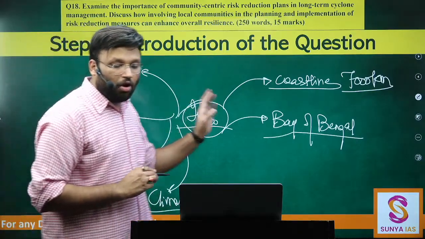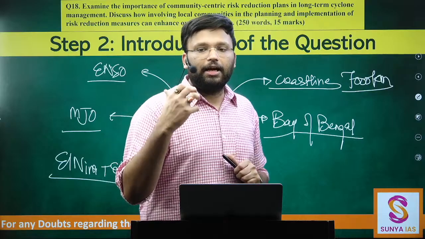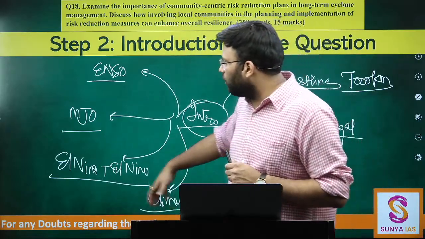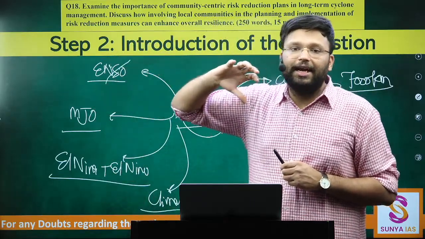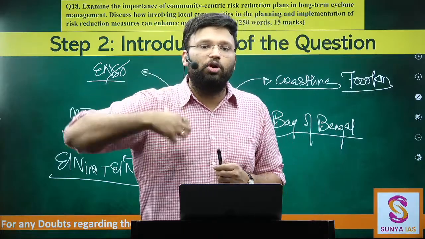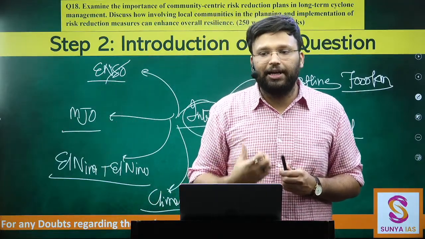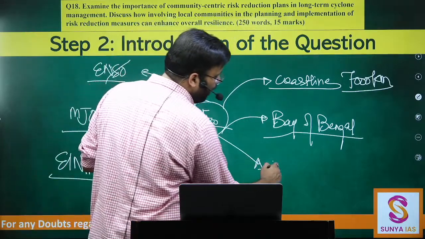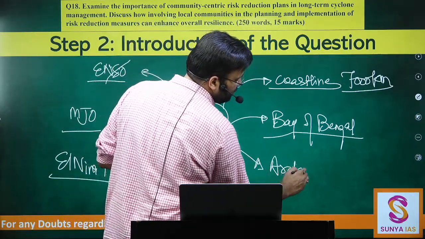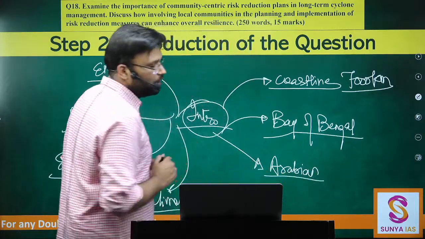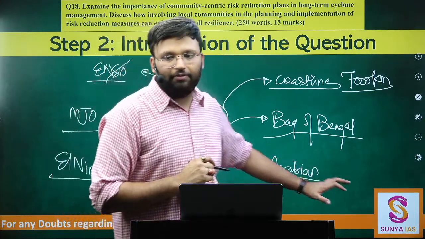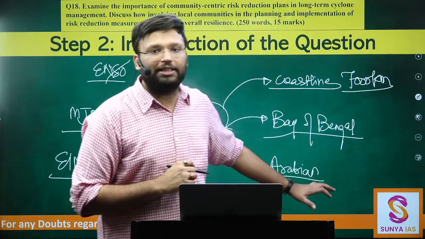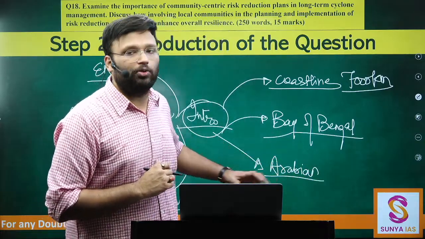All these geographical and climatological conditions are creating the scenario where more and more cyclones are happening in India. Then you can also show how earlier the Arabian Sea was not vulnerable to cyclones, but even within the Arabian Sea now we are seeing the emergence of cyclones.